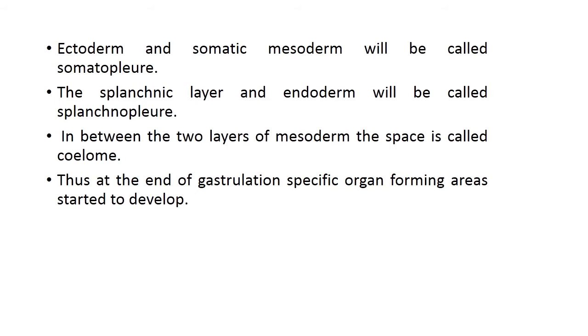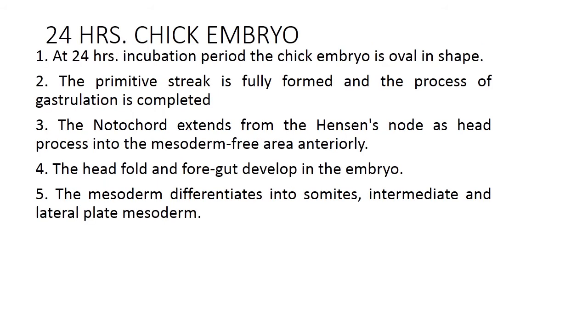The ectoderm and the somatic mesoderm, or the parietal mesoderm, together form the somatopleure, and they line the outer wall of the coelom, whereas the splanchnic layer and the endoderm line the visceral organs and are known as splanchnopleure. In between the two layers of mesoderm, the space is called coelom. Thus, at the end of gastrulation, specific organ forming areas start to develop.